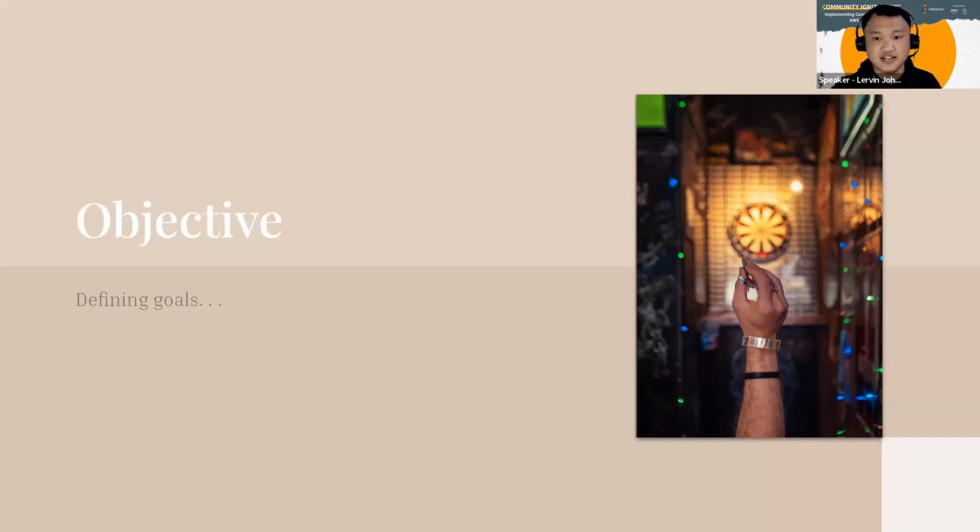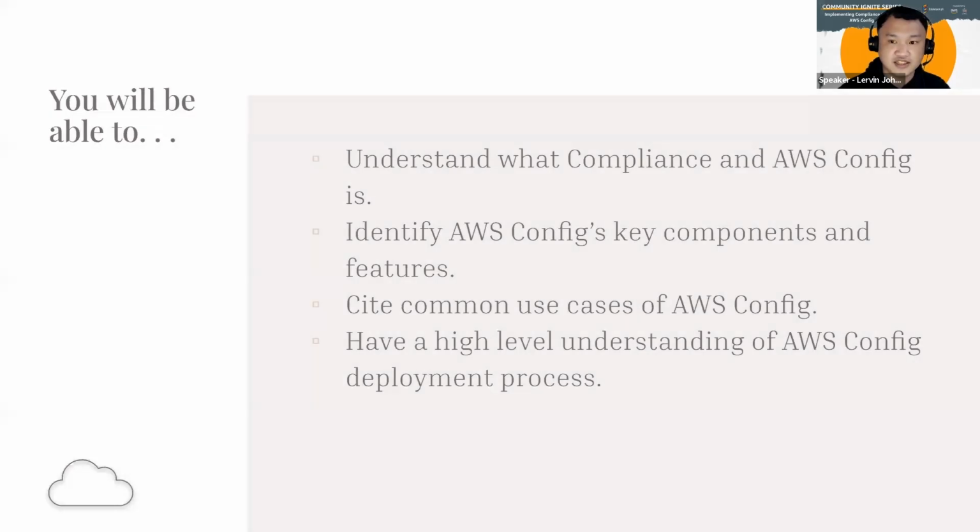So let's start by defining our objective for tonight. At the end of this presentation, I'm hoping that you will be able to understand what compliance and AWS Config is, identify AWS Config key components and features, as well as cite common use cases of AWS Config, and of course have a high-level understanding of the AWS Config deployment process.